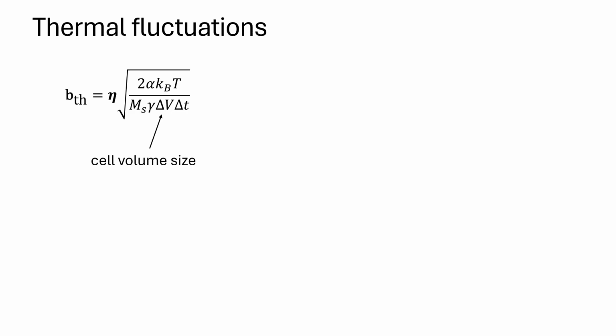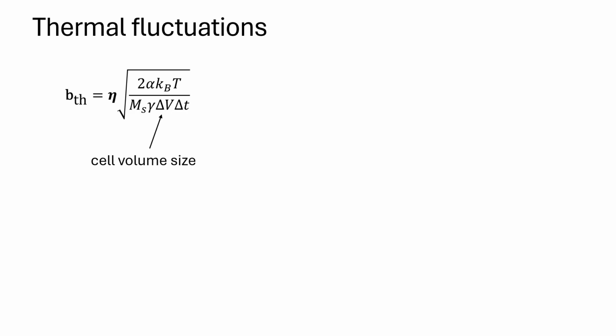So far we have ignored the influence of temperature. In micromagnetic simulation, the effect of thermal fluctuation is represented by a random magnetic field BTH. There are a lot of parameters in this expression. At this moment, we just want you to pay attention to delta V, which is the cell volume size in micromagnetic simulation.